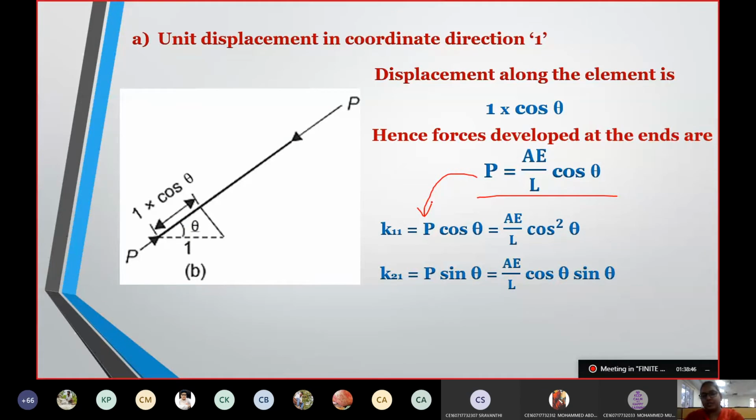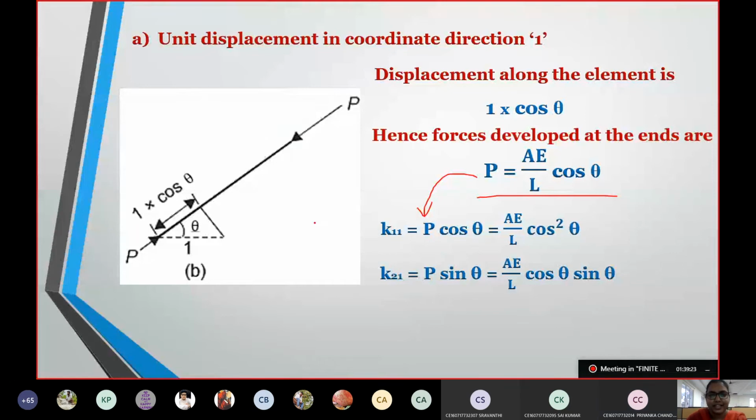What are the other two values that we are going to get here? In terms of K, what do we get? I got K11, I got K21. What are the other terms we get? Elements of the stiffness matrix, what are the other two terms we get? K31 and K41.